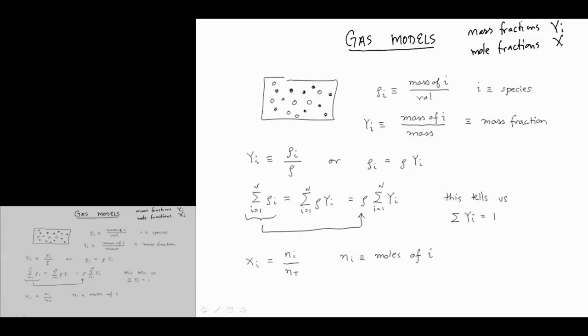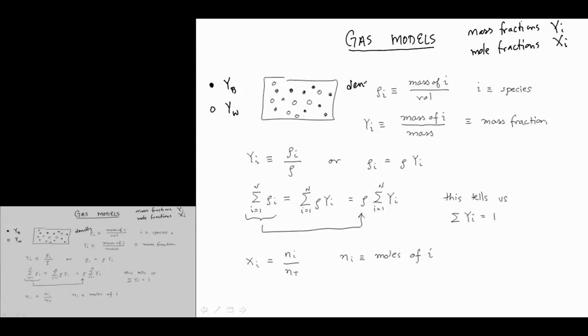So if we have some vessel where we have species B and species W, we can talk about the mass fraction of species i in terms of the mass of i. First we'll talk about the density, and then the mass fraction. So the density of any of these is just the mass of i over the volume of i.